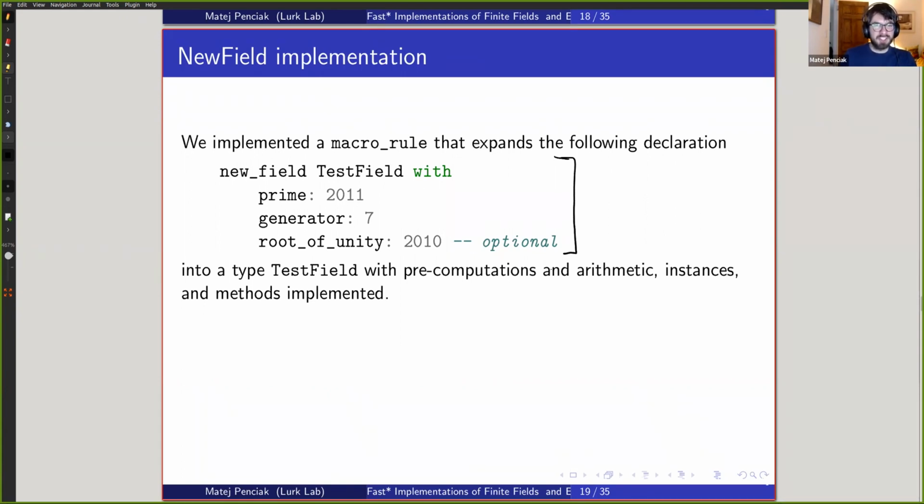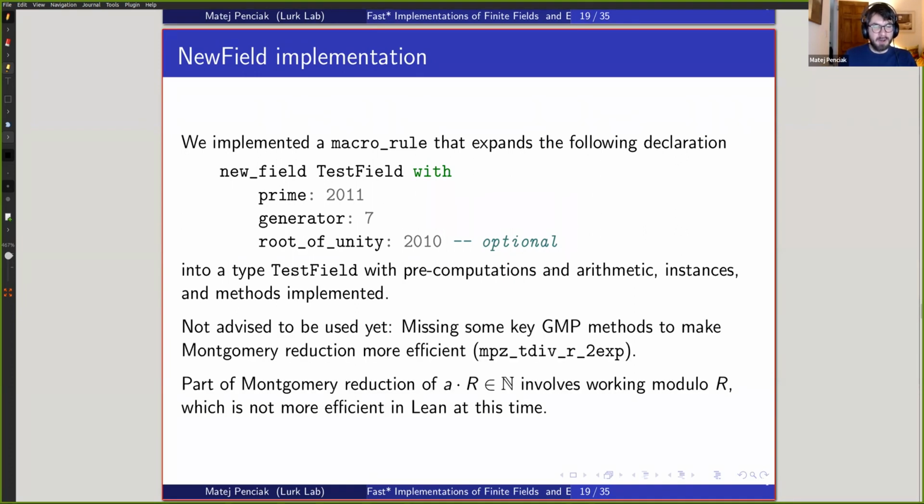And so the asterisk in fast is starting to rear its head here, where it's actually not advised that you use this implementation of fields yet, until there's a little bit more work done in terms of bringing GMP into Lean.